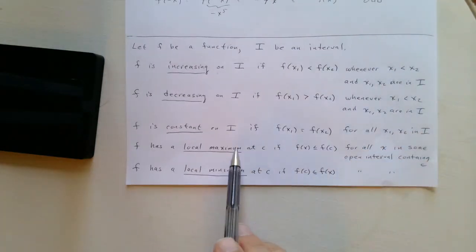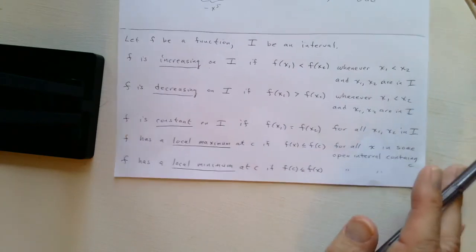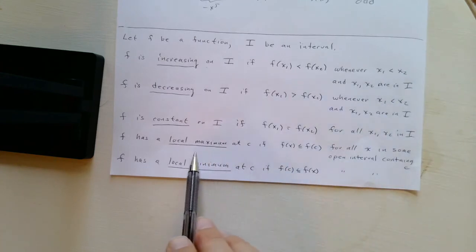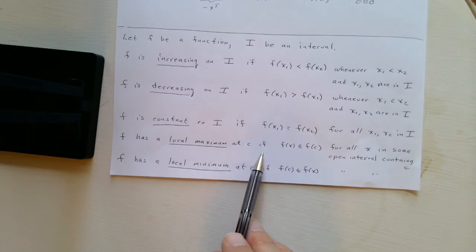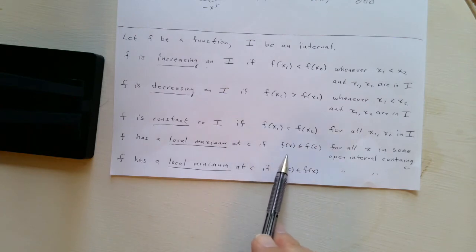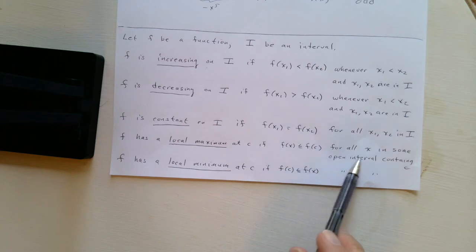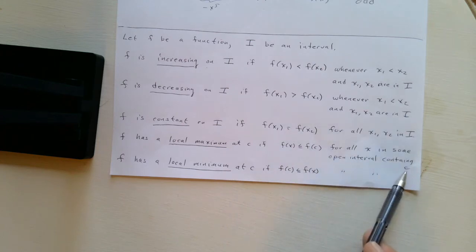Now we also have this concept of a local maximum and a local minimum. Those basically correspond to the peaks and valleys of the graph. To be a little more mathematically precise, if we have a local maximum at c, we're talking about x equals c, and we're saying that f of x is less than or equal to f of c for all x in some open interval containing c.